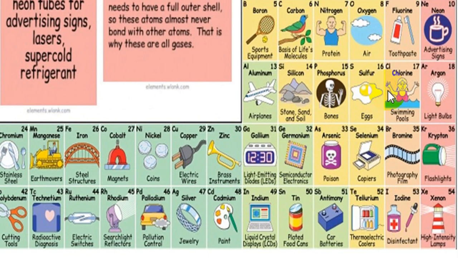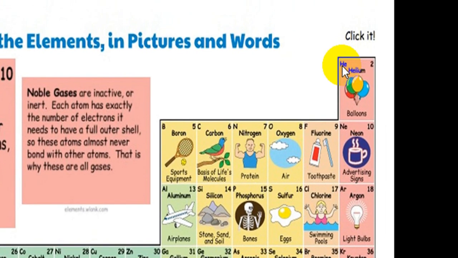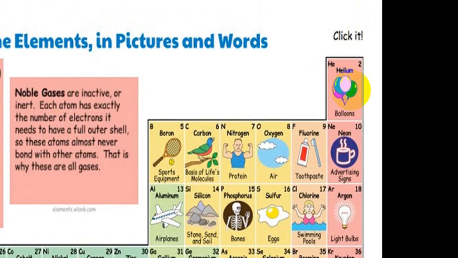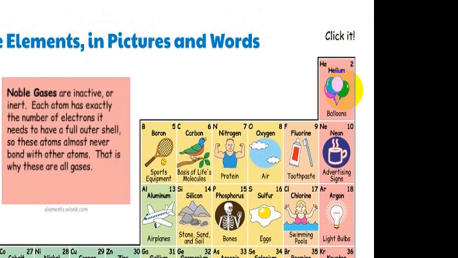Let's go to the other side, like helium here. They use it for balloons because it has low density, so the balloons go up. Neon, they use it for signs and lights. Argon, they use it for light bulbs. Sulfur here for eggs, if you see here. Phosphorus in bones. Silicon, it is found in stone, sand, and soil.